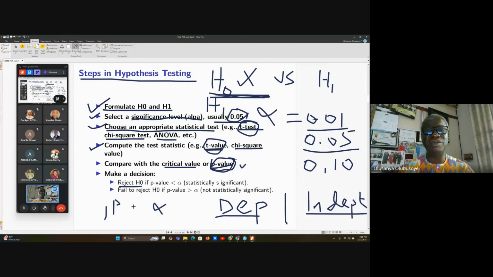When the p-value is less than the alpha value, then you reject the null.